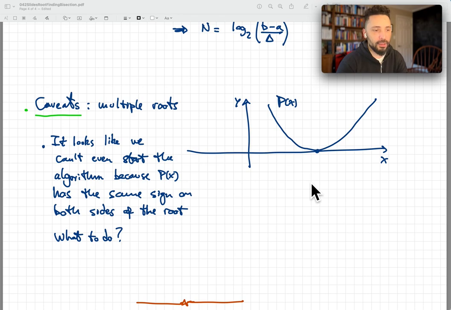In other words, you see that the root is between some A and some B over here. So you can do a tangent line on the left and a tangent line on the right. And then you can say, I'm going to approximate the root as being between the point where one tangent line crosses the x-axis and the point where the other tangent line crosses the x-axis. And so you make that your new interval and you proceed to do the same thing.